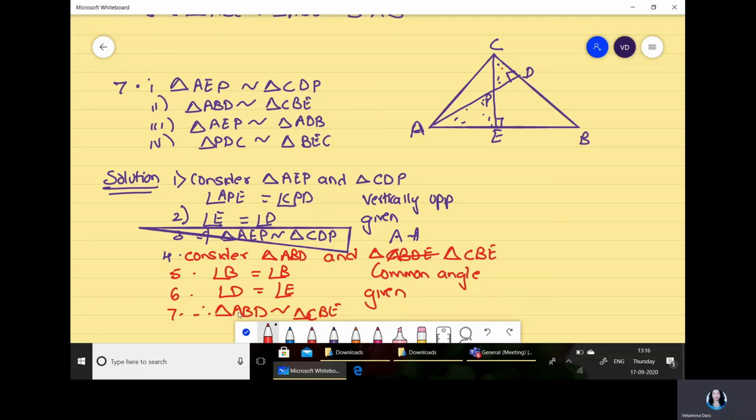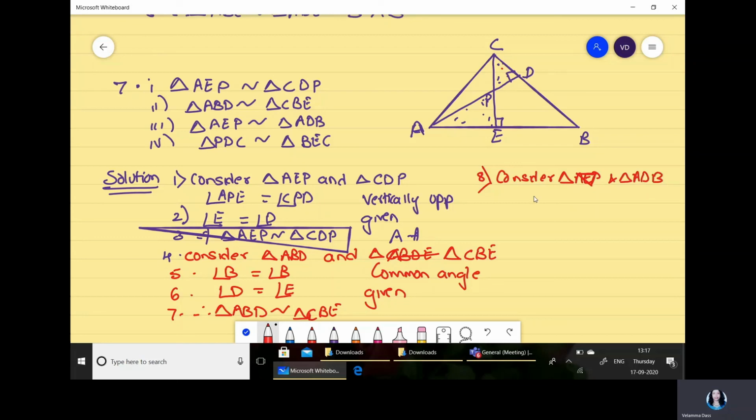Now here we are writing it. I'm not putting the box because again it gives this image. Then I'll write the third one. You have to prove that triangle AEP is similar to triangle ADB. Again here you can find angle A is common. Consider triangle AEP and triangle ADB.